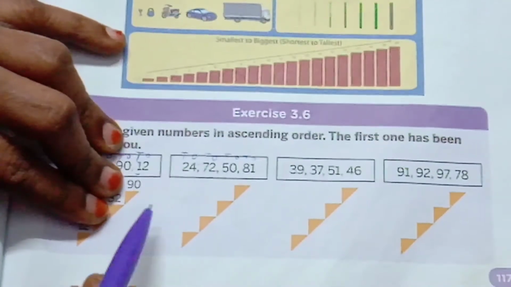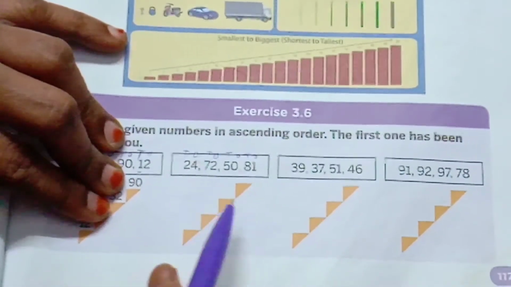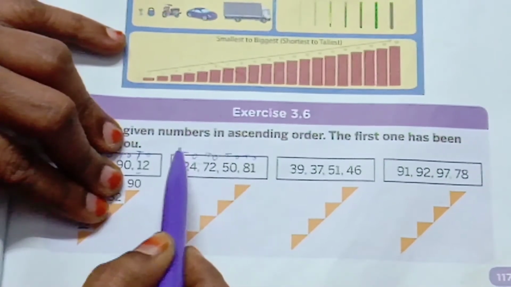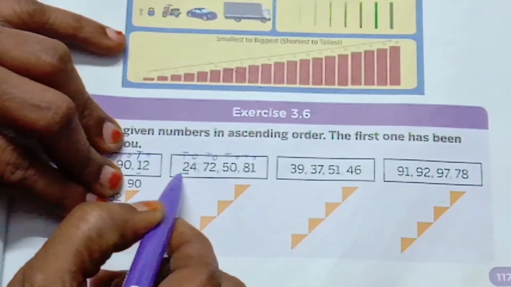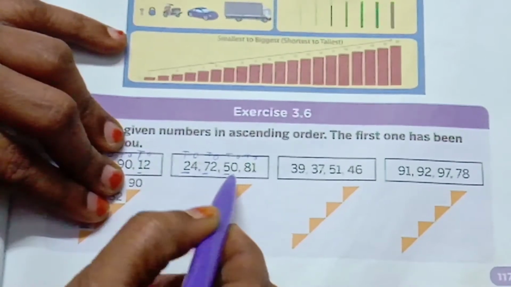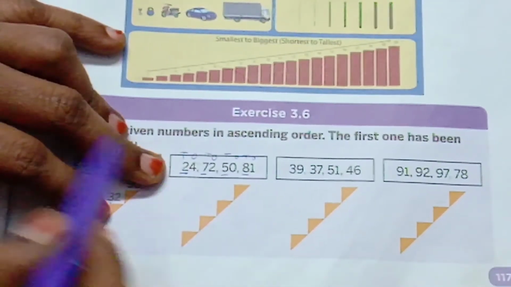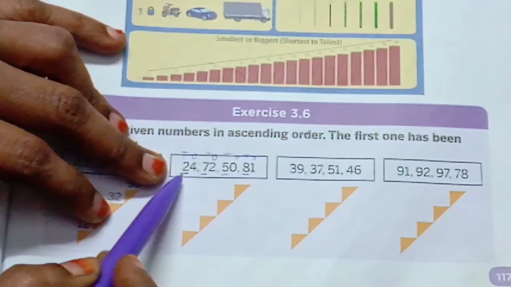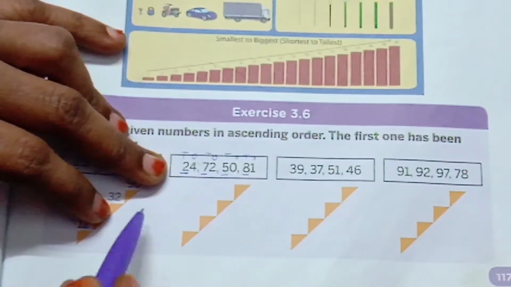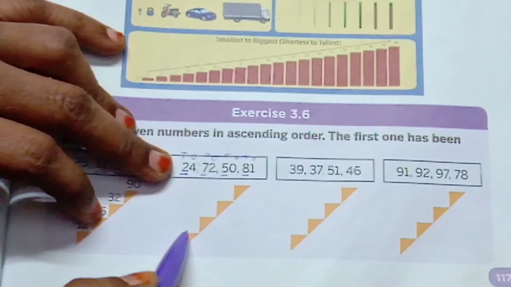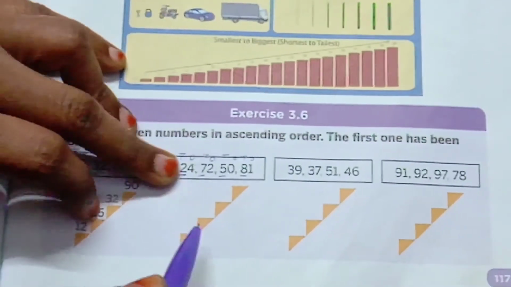Don't write with pen. Only take your pencil and write down. First we compare only tens place numbers. Now what are tens place numbers? 2, 7, 5, 8. Children, which number is the smallest number? 2. 2 means 24 is the small number. So you can write down here. Now it is over.